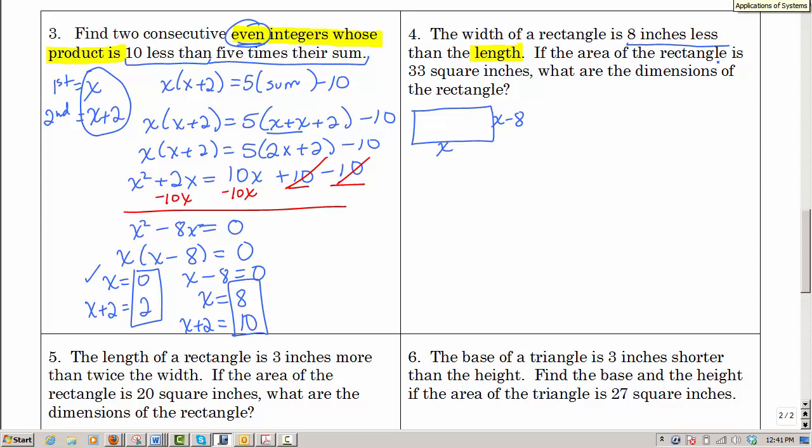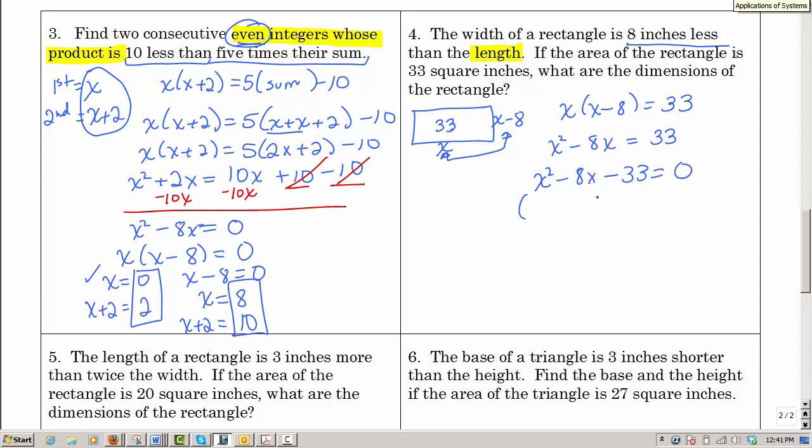Now the area of the rectangle is 33 square inches. What are the dimensions? So how do I find the area? I multiply the length and the width, or the base and the height. So I need to multiply those together. I'm going to distribute, set it equal to 0, and factor.